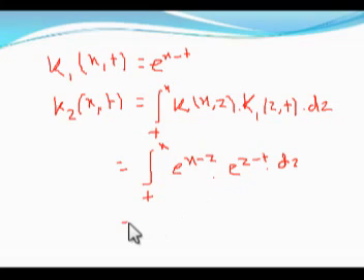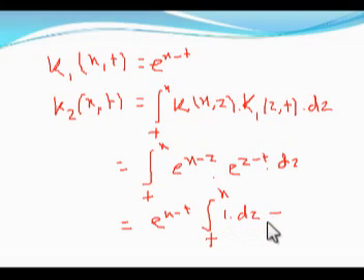We don't need to calculate e to the power x and e to the power minus t separately. We take e to the power x minus t out of the integration, and then integrate from t to x. The z terms cancel, z minus z is 0, so that's why there will be 1, and we integrate to get z, which gives x minus t.